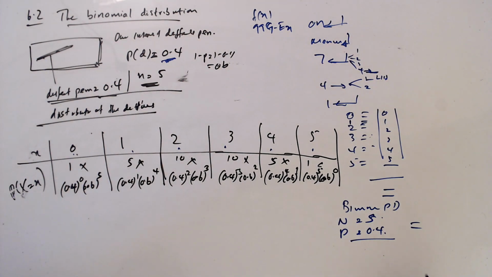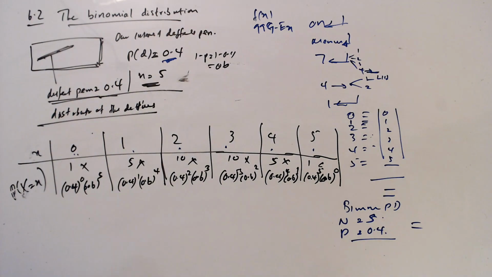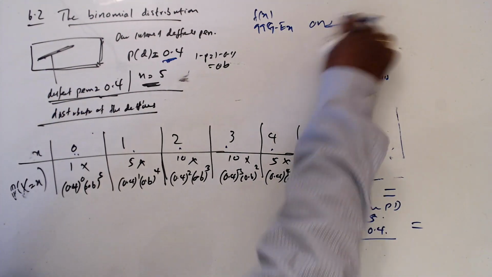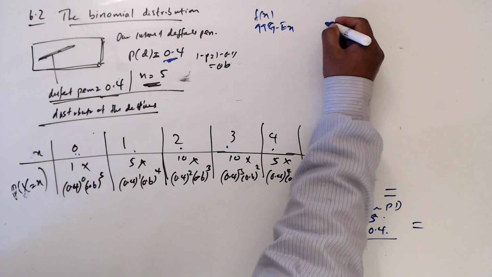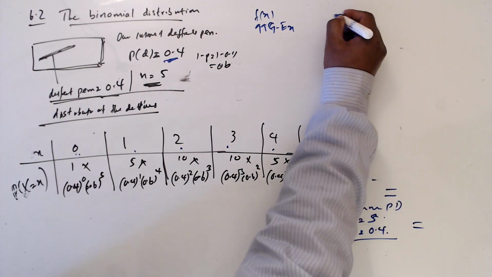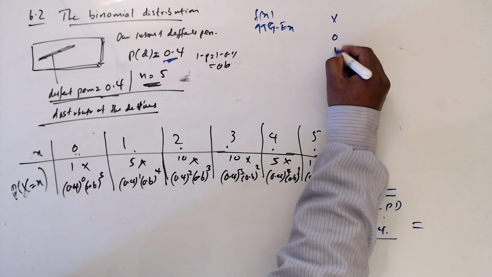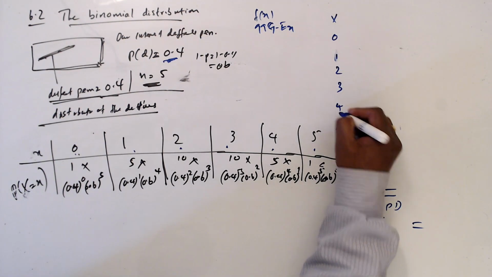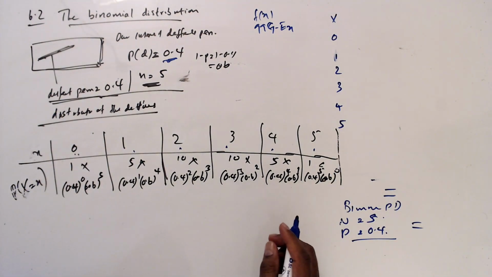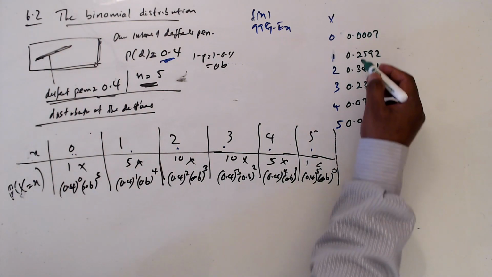Then you will get the list of numbers like this. I will write the x values 0, 1, 2, 3, 4, 5. You should get these numbers.